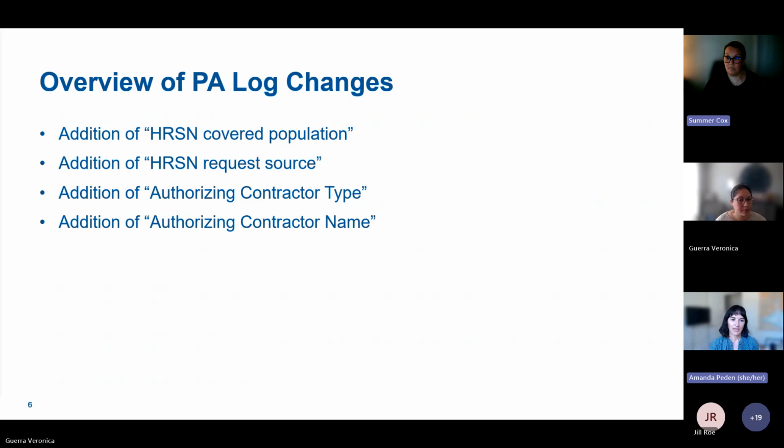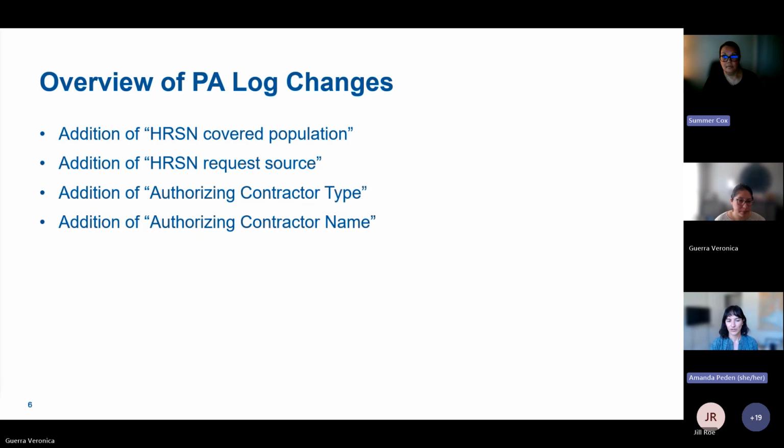The second bullet is about the source of the request. One thing to clarify overall, our understanding of this prior authorization log in the case of HRSN is that the language we use in the HRSN space is all around HRSN requests. And so what we are understanding, and want to confirm with all of you, is that we would be treating this prior authorization log essentially as the log of HRSN requests.